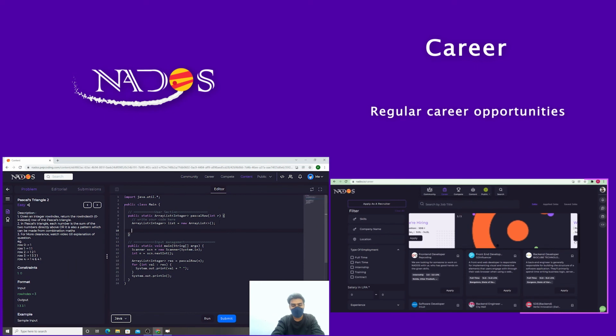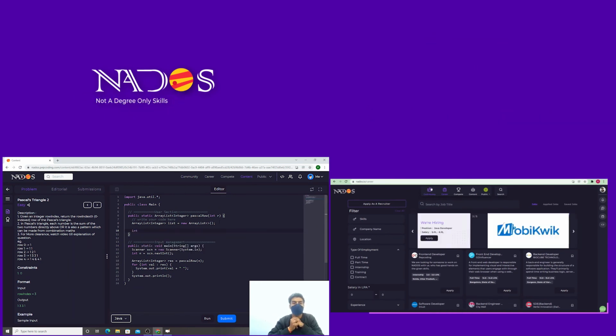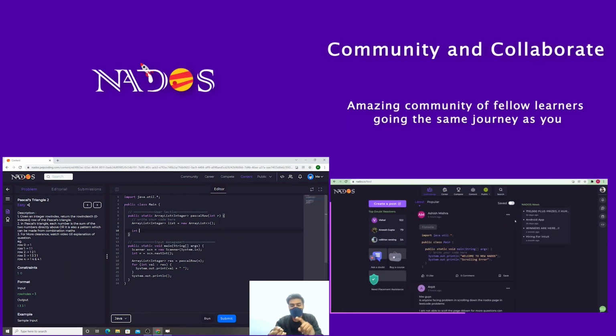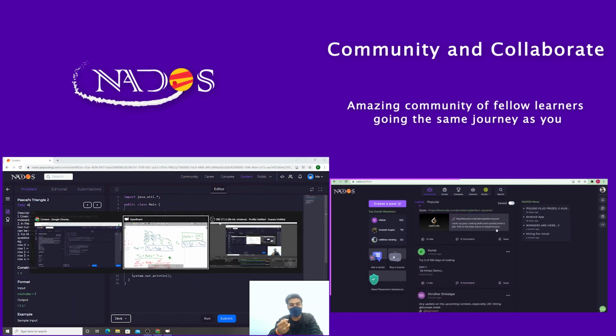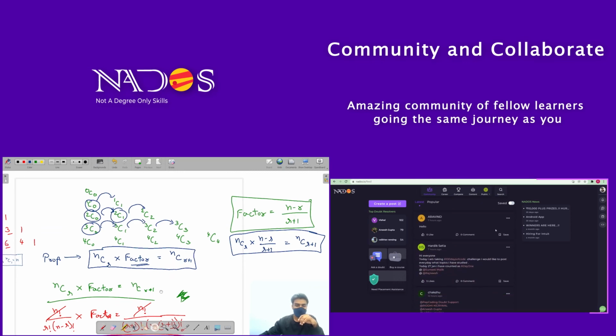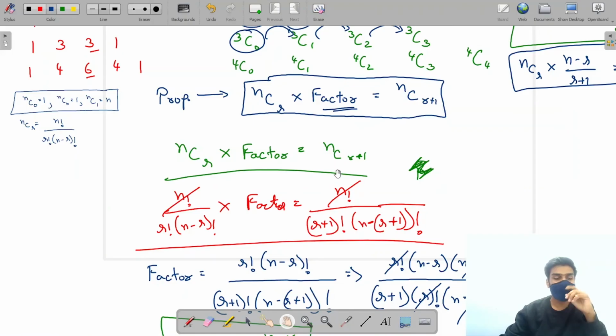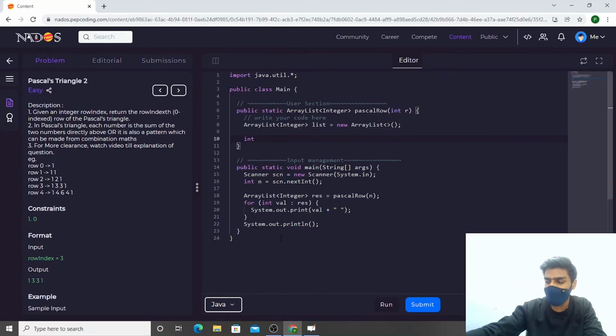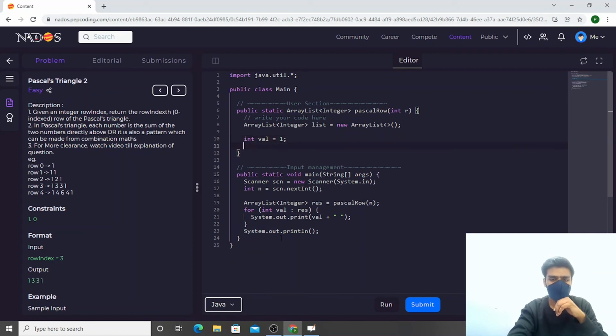And we knew that nC0 is 1 and nCn is also 1. We have written this here. And since the starting index, which is nC0, is always 1, I can start it with 1 itself, because nC0 of any number, if I take any number with combination 0, will give me answer 1 only.